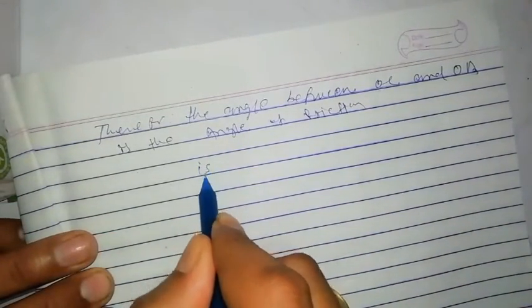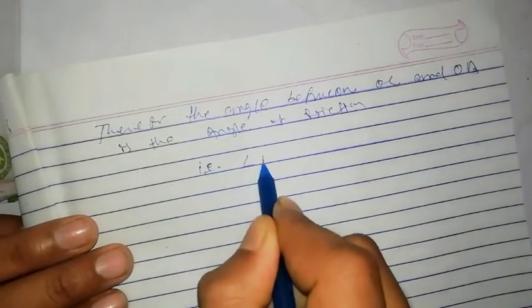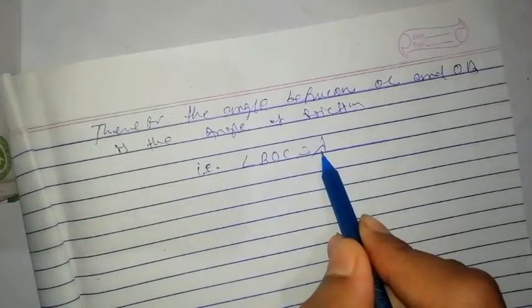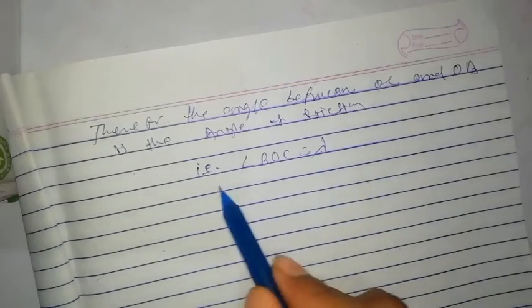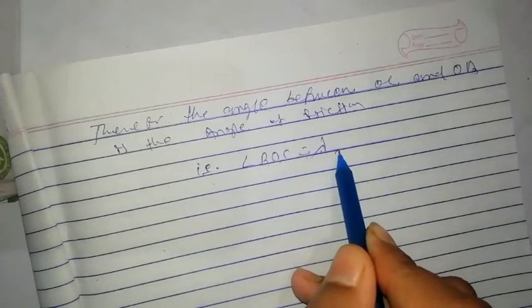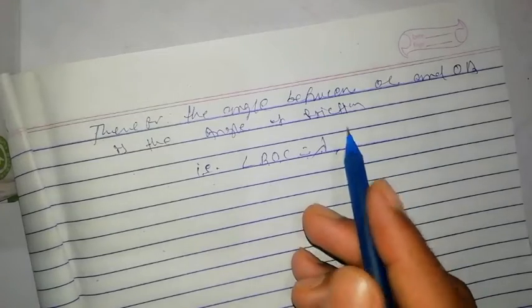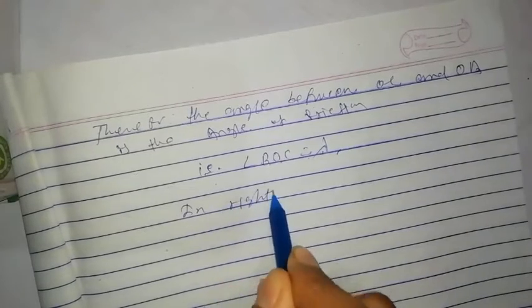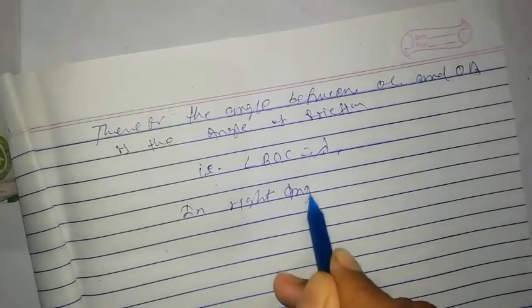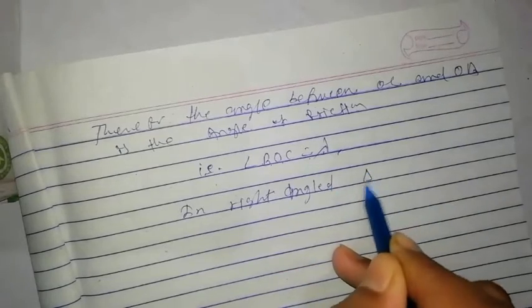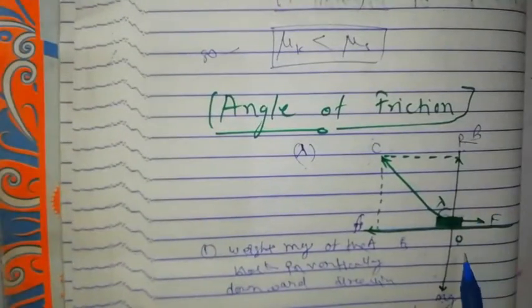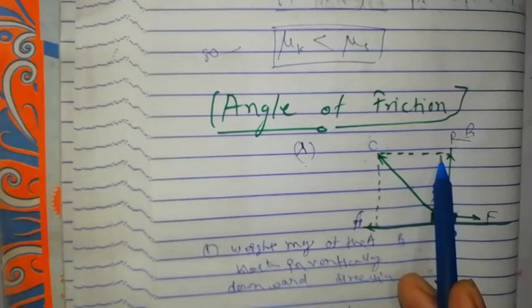That means angle BOC is equal to lambda. Angle of friction is denoted by lambda. In the right triangle OBC, look at this picture, angle OBC is a right angle.